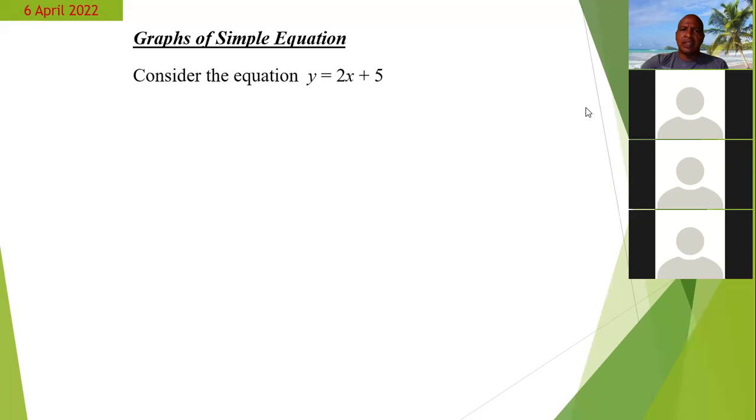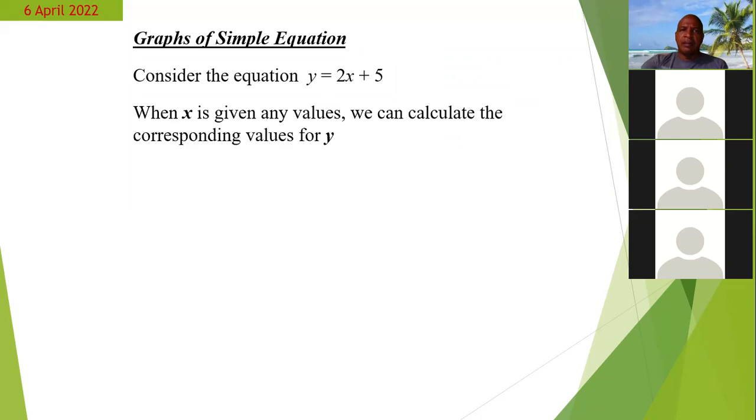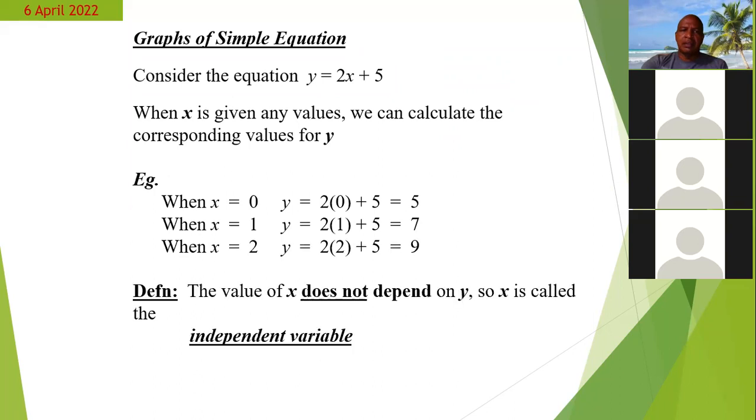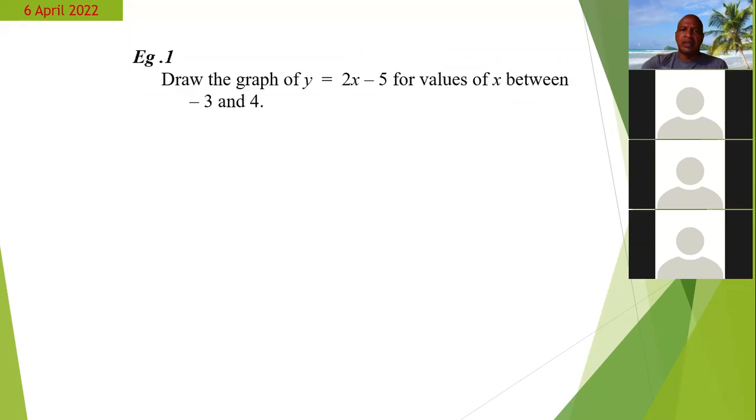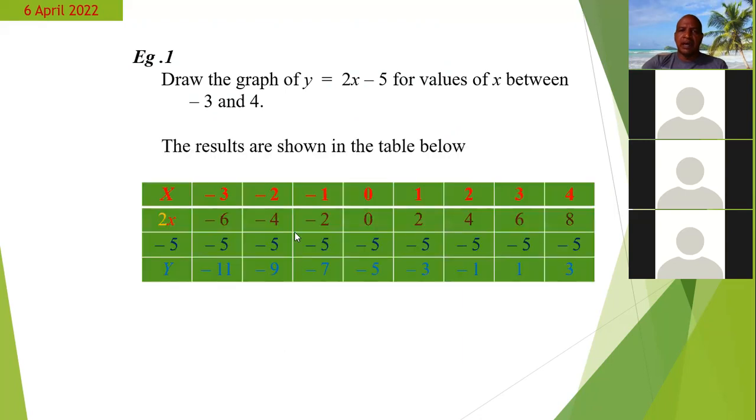So this was the equation that we were just now drawing a graph for. Sorry, this was the equation that we were just doing the graph for. So this was the table that we were using just now to plot that graph.